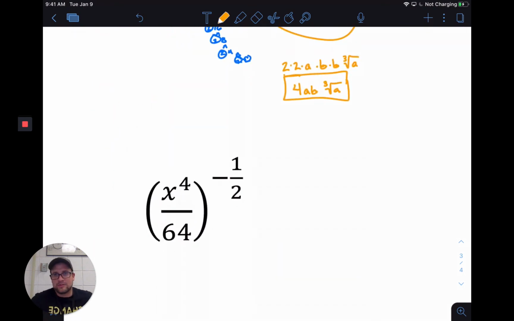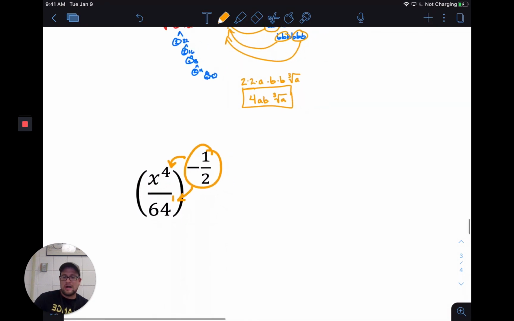Another problem for us to consider. You could tackle this a couple different ways. The idea that's coming to me is let's multiply this by each of the powers that we have on the inside. So this would be the same as saying x to the 4th times a negative 1/2 over 64 to the 1st times a negative 1/2.